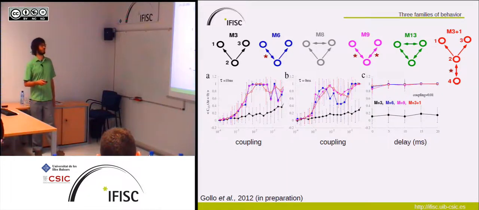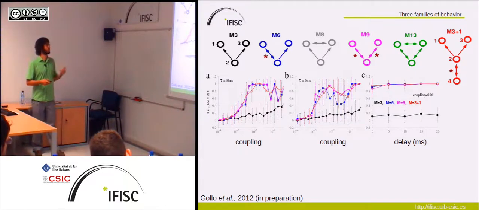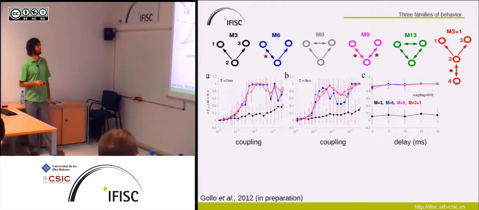This is just one single example of the dynamics, but one can look at this better by averaging over many trials with different initial conditions. Here we are comparing the common driving with motif 6, 9, and motif 3 plus 1, and the three motifs show the driver node synchronizing in anti-phase with another node, in this case node 1.